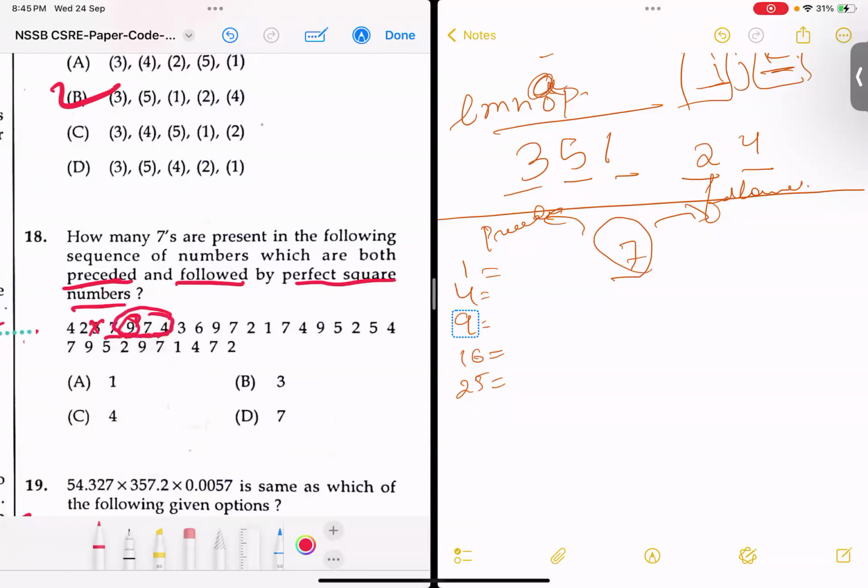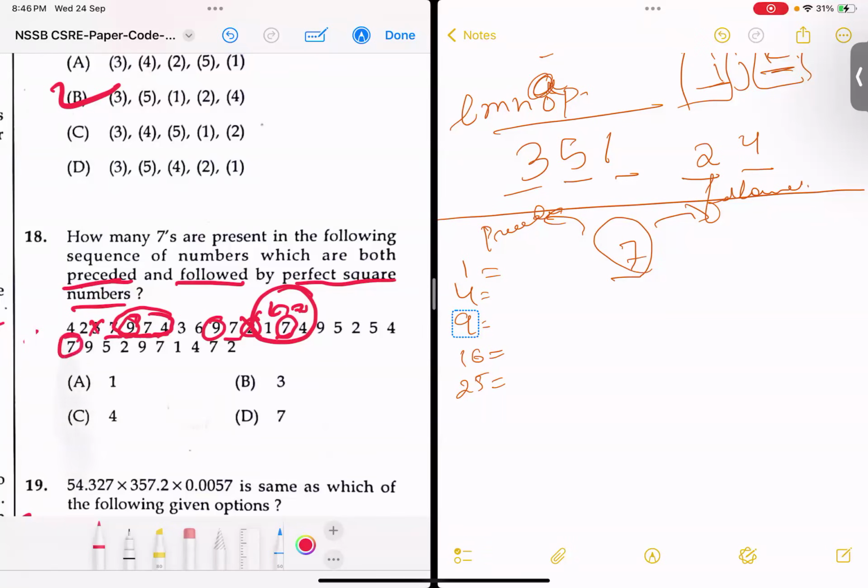So this is one of them, okay? Now here we have another 7. Here 9 is there before, which is a perfect square, but here 2 is there, which is not a perfect square, so we'll leave it out. Next, another one, we have 7 here. It is preceded by 1, which is a perfect square, 1 into 1, and followed by 4, which is 2 into 2. So again, we will take it into account, okay?